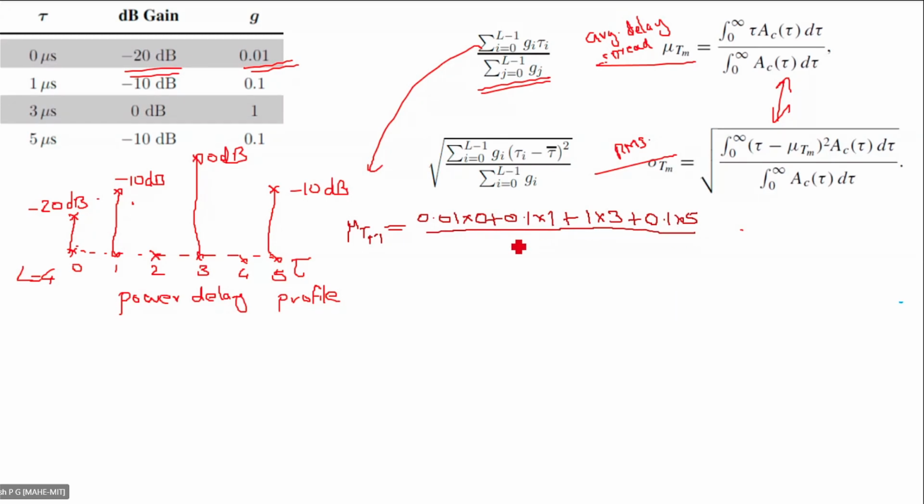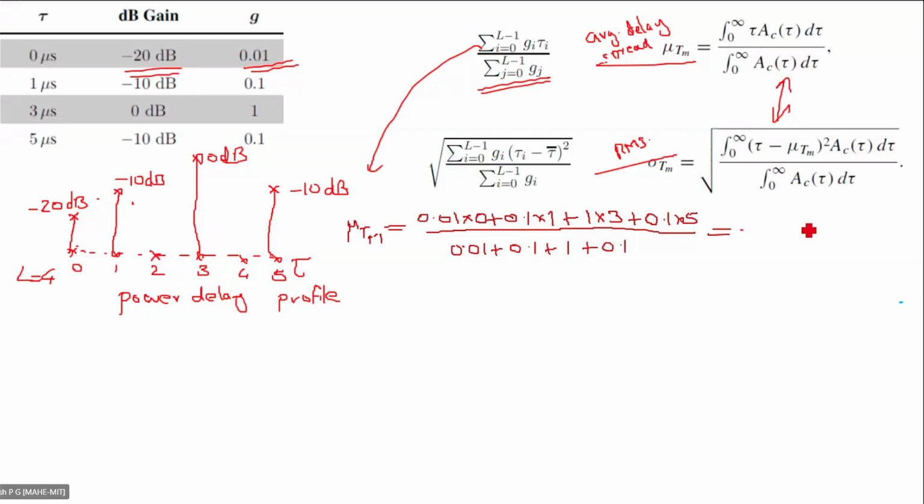Now summation Gi, that is 0.01 plus 0.1 plus 1 plus 0.1. So can someone tell what this is? Put this in a calculator and tell the answer.